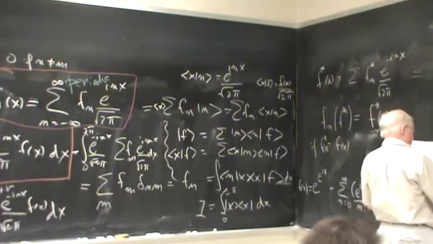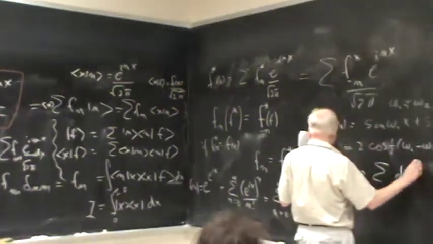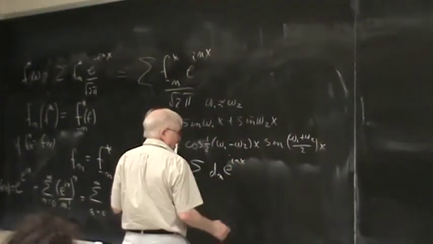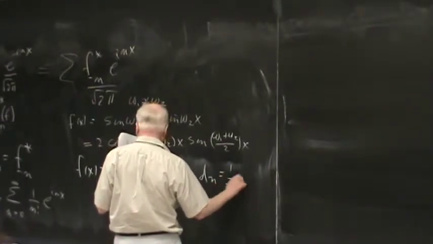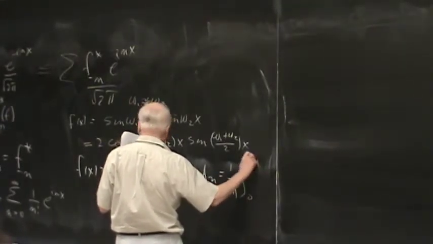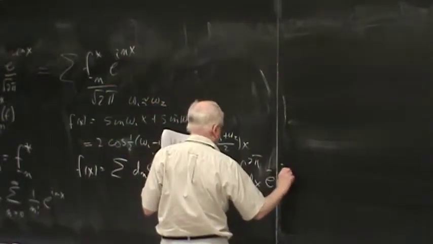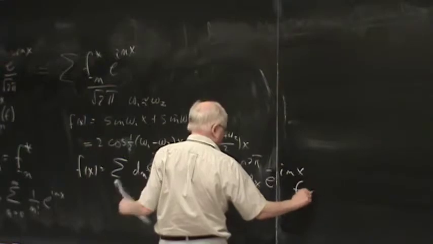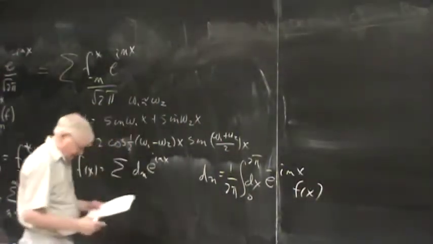They write f of x equals the sum of d n e to the i n x, and then d n is 1 over 2 pi, integral 0 to 2 pi, dx, e to the minus i n x, f of x. So I'm using d to say that I put the 2 pi's there.